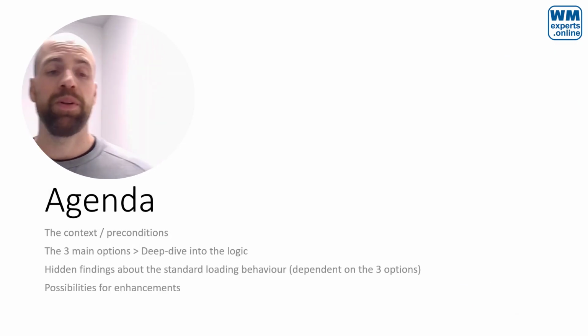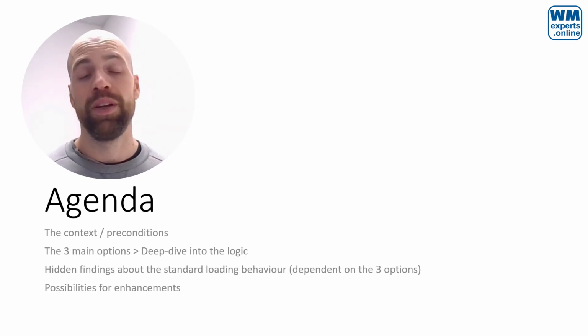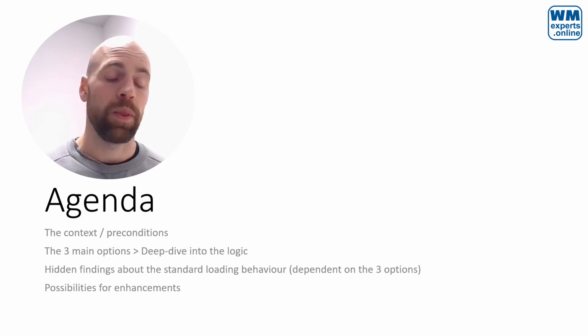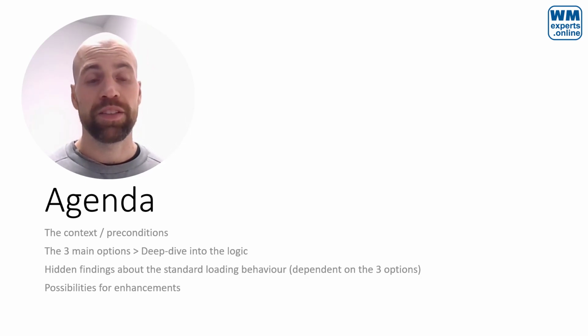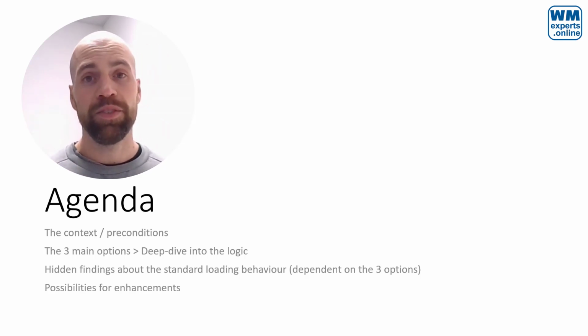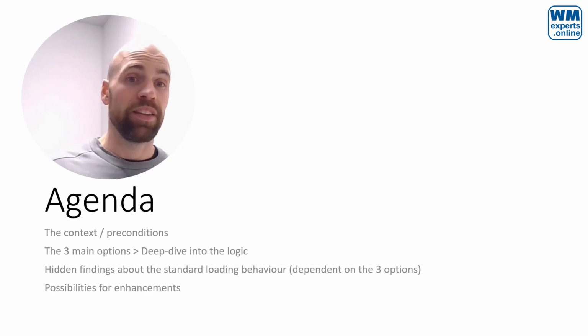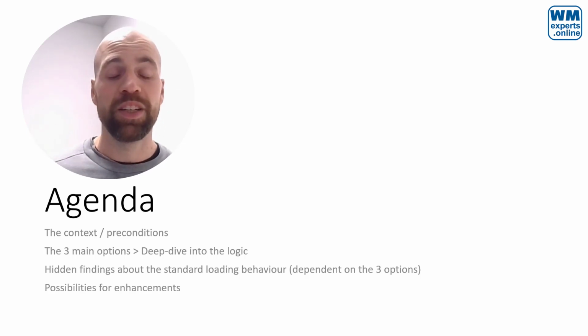So what are we going to do within this video? First of all, I will explain some preconditions that are required to do loading at all in EWM. And once this is clarified and understood, we will look at the three main options that I am aware of. We will do a deep dive into the logic. That does not mean that there are no other options.